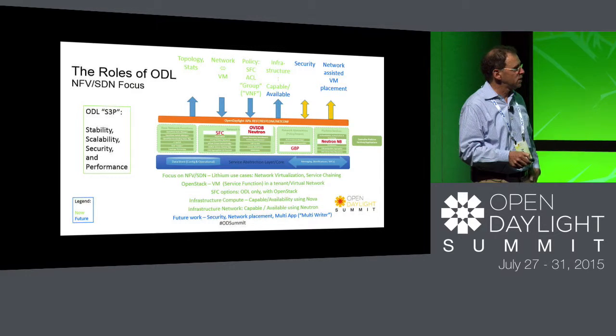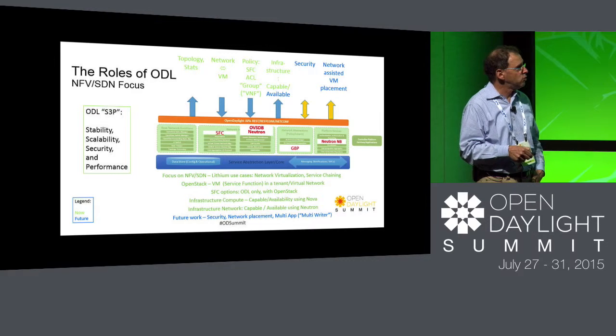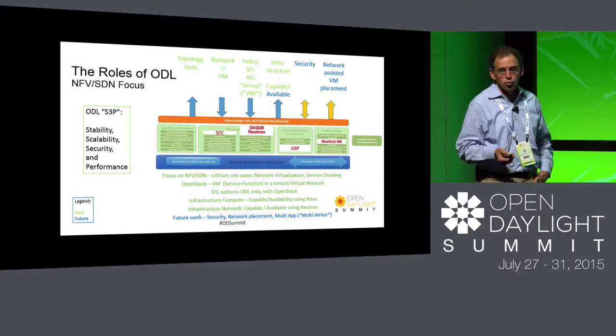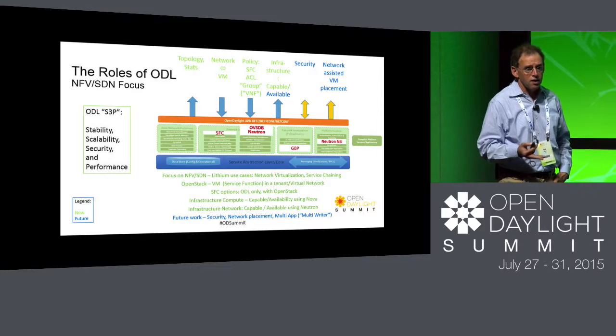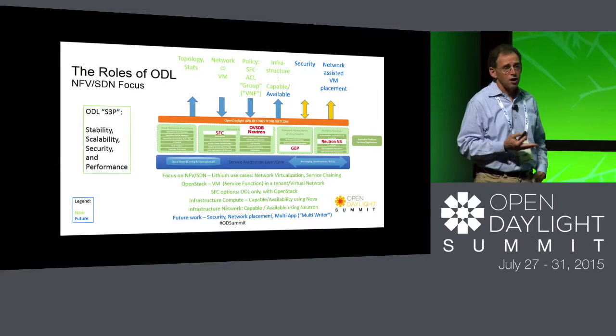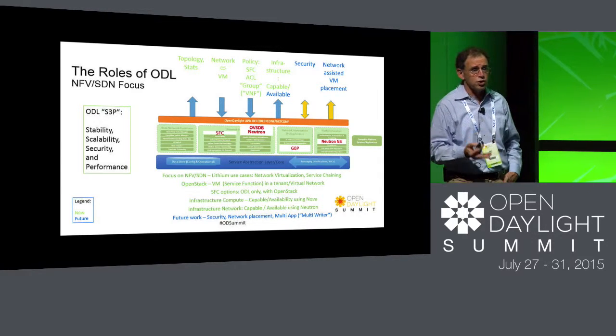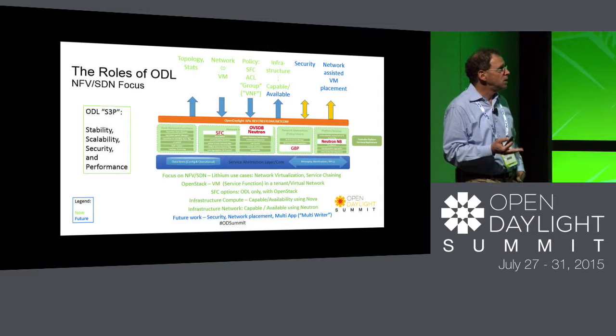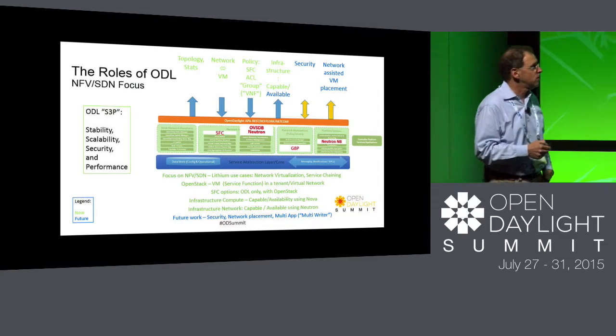But inside OpenDaylight today, we do have group-based policy. We do have SFC. And the good news is that out of Lithium, they actually are communicating to each other, which allows me to do some meaningful things with them.